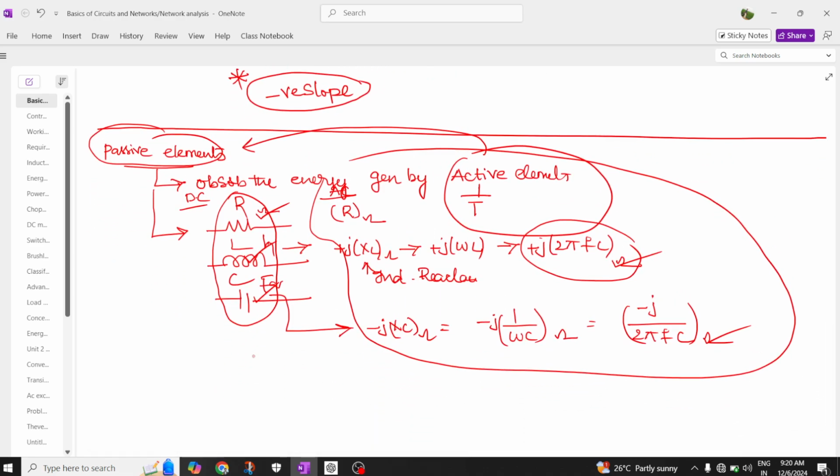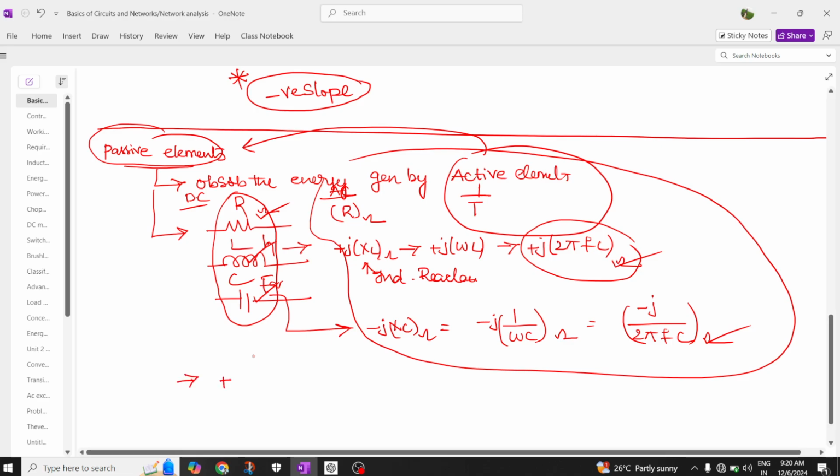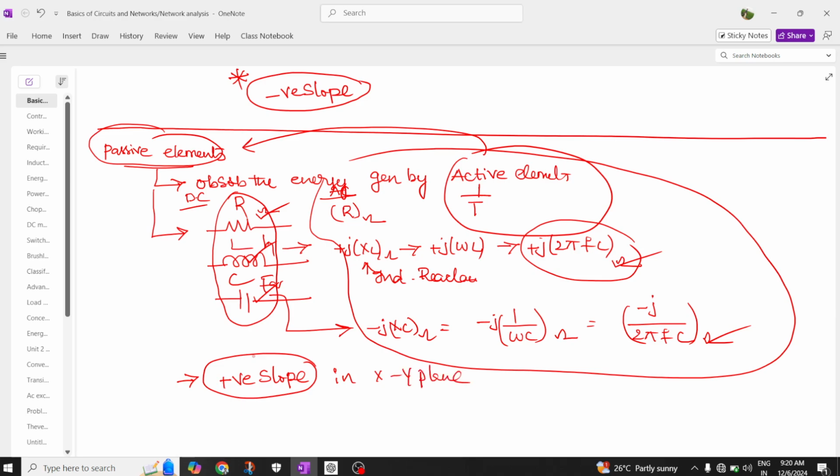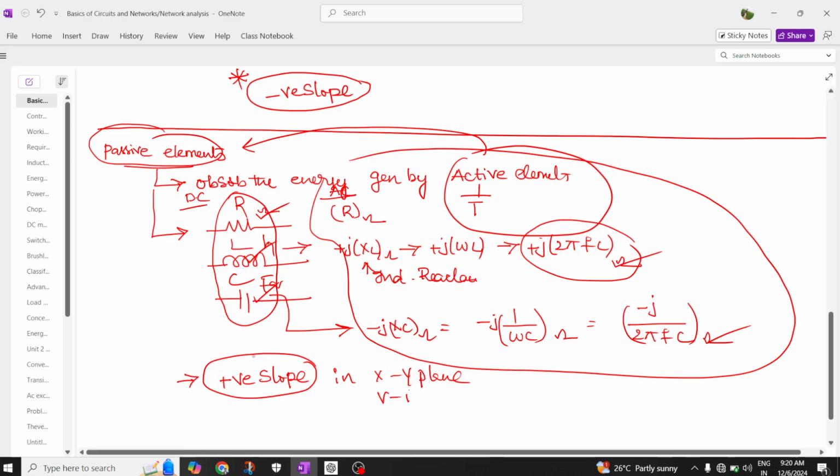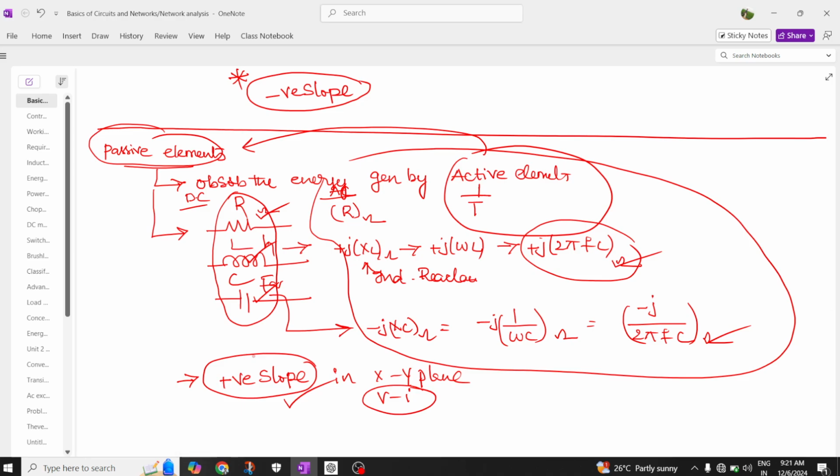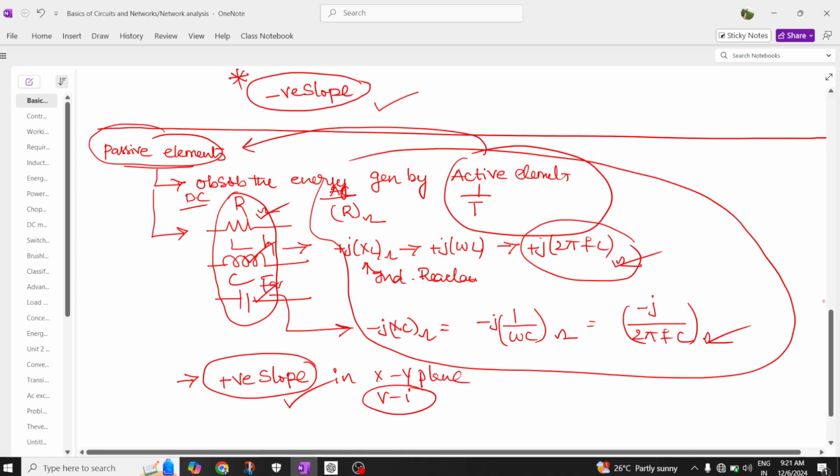These passive elements are going to exhibit a positive slope in the xy plane, that is, the voltage and current plane. Let's try to understand how they exhibit a positive slope. Already I told you active elements exhibit negative slope, passive elements exhibit positive slope.